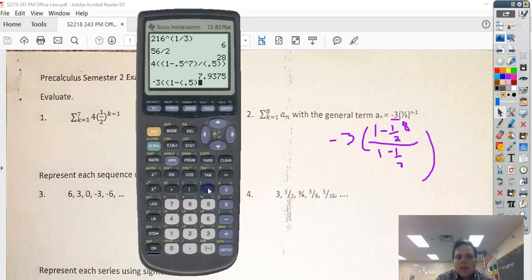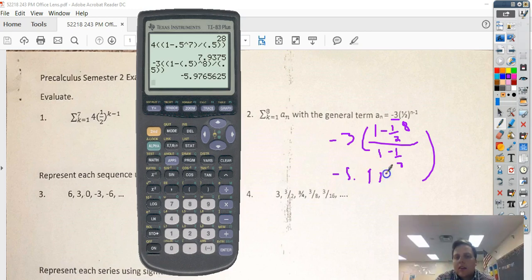I don't think that's necessary, I just like to be redundant to be on the safe side. Divided by 1 minus 1/2 in the denominator, which is 0.5. Close it. And I get -5. I'm going to round this one to the thousandths place, so -5.977. I hope that's what you got when you tried this problem without me. Okay, moving on.